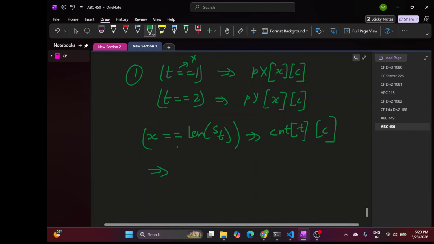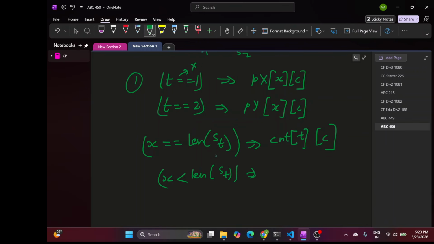And else, what is our answer? Basically, what is the else case? The last cases are that x is either less than, like we can say x is less than length of st, right?